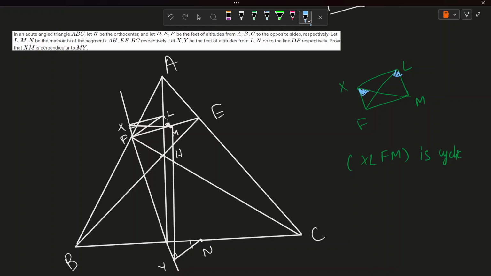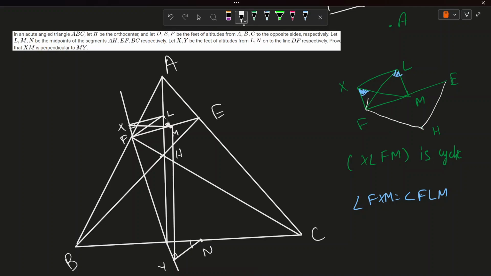So angle FXM is equal to angle FLM, and we already know FLM, because let us draw A, F, and E and H again. This is the diagram with another color for visibility.